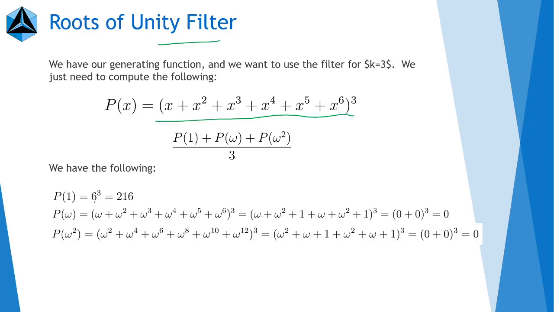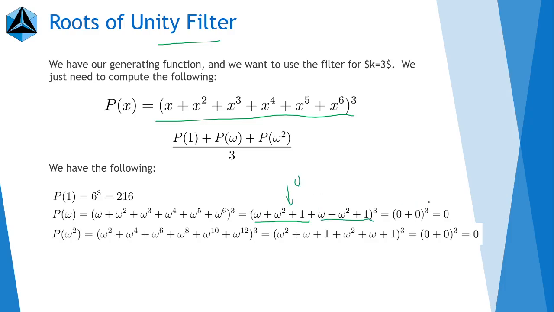P of omega ends up being this, omega plus omega squared plus omega cubed plus omega to the 4th plus omega to the 5th plus omega to the 6th. And if you simplify this with the fact that omega cubed equals 1 for the third roots of unity, then you get omega plus omega squared plus 1 plus omega plus omega squared plus 1. And as we said, those are 0. This here is 0, and this also here is 0.